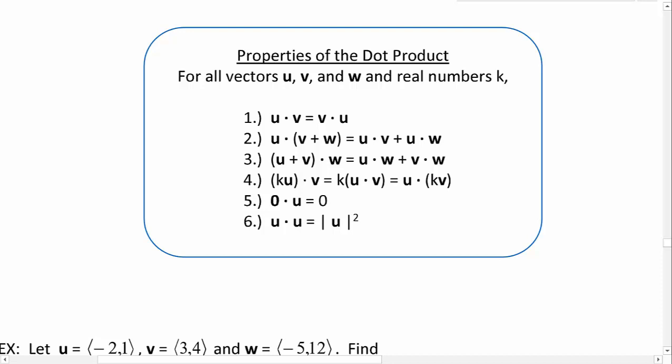Property 5 says that if we dot the 0 vector with another vector, we get 0. That makes sense since the components of our 0 vector are both 0. And our last property says that if you dot a vector with itself, you get the magnitude of that vector squared.